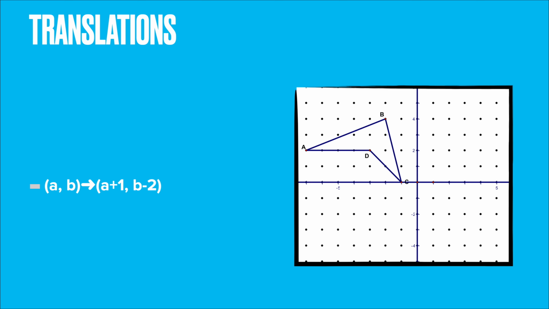So here's our first one. It says (a, b) becomes (a plus 1, b minus 2). So that means that we are going over 1, down 2. So that's going to go like this. This is the vector. And so here's our new points.